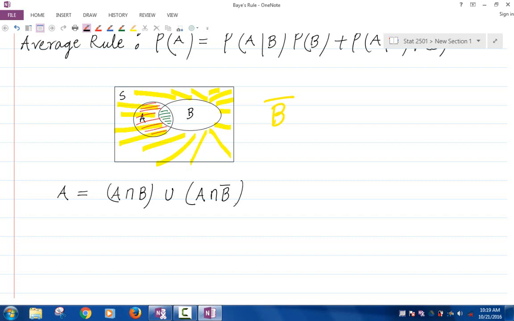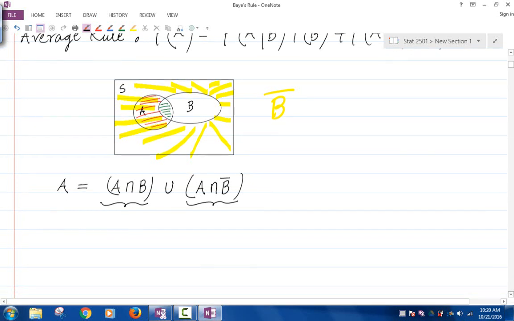Notice that this union is a disjoint union, right? This event and this event are mutually exclusive. So I have written A as the union of two mutually exclusive events.